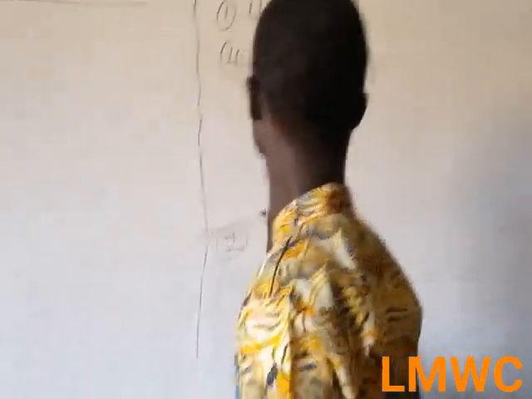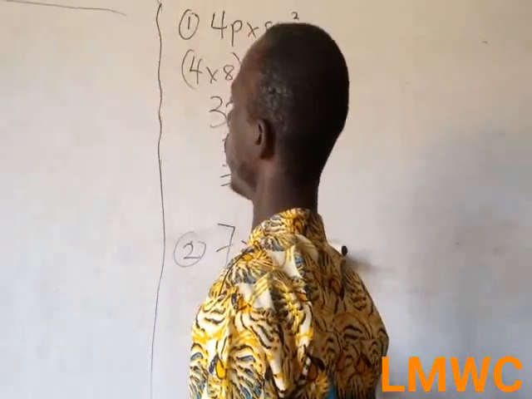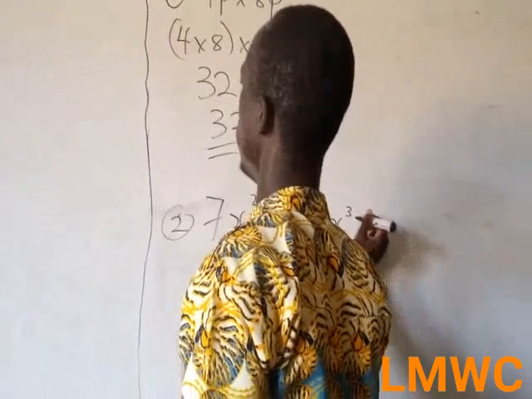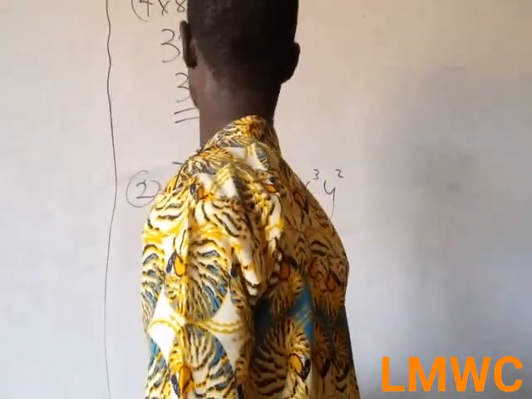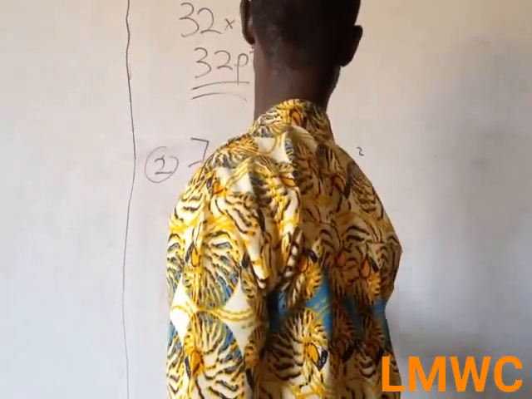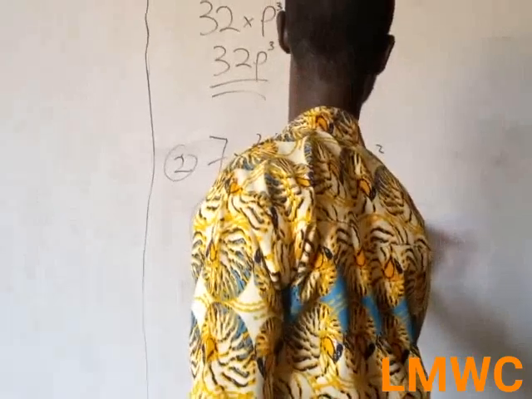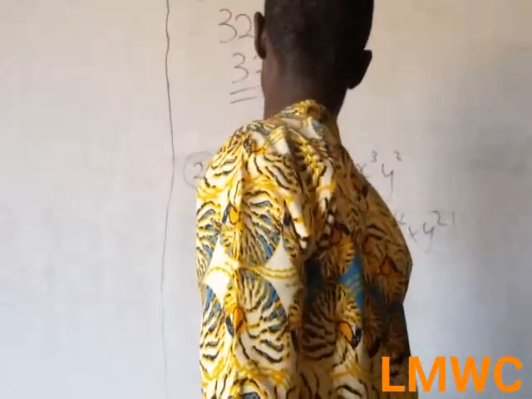2. We have 7x squared y to the power 4 times 2x cubed y squared. So 7 times 2, we have x squared times x cubed, y to the power 4 times y squared. 7 times 2 is what? 14.